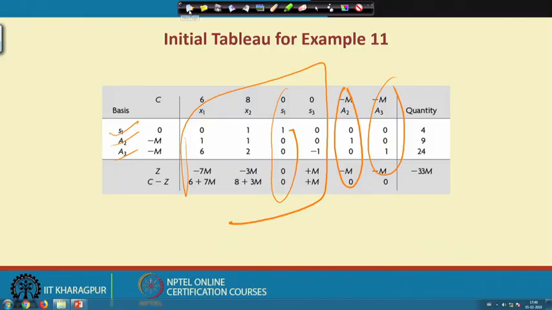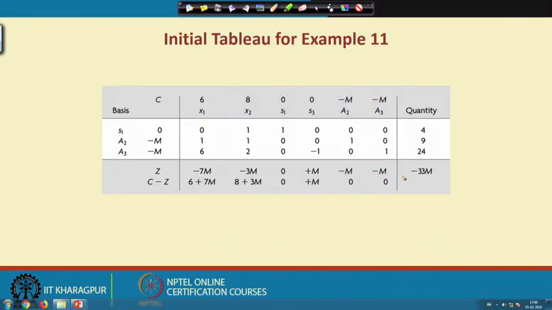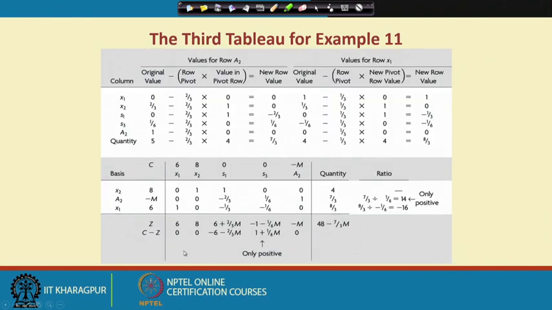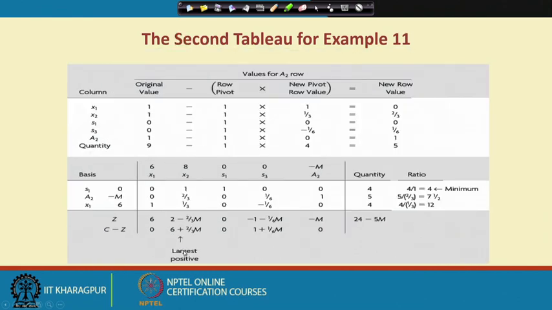So, looking forward, you can move through these problems and finally we can see the solution. This is how the largest positive value by default will be the incoming vector, and then by the minimization criteria we find out which one is the outgoing.